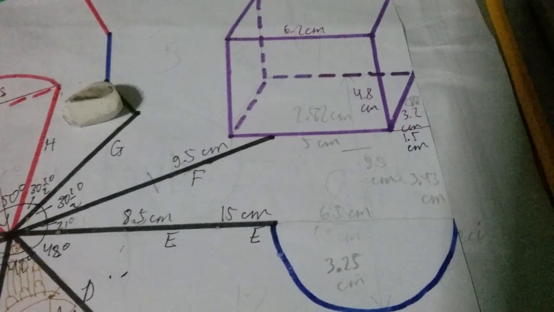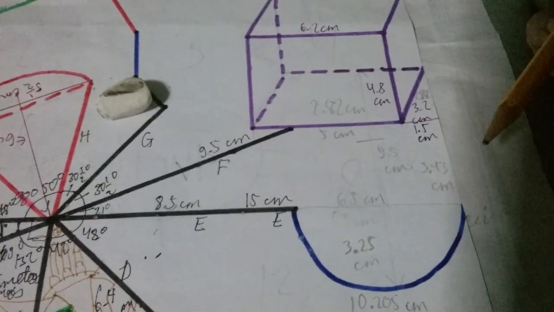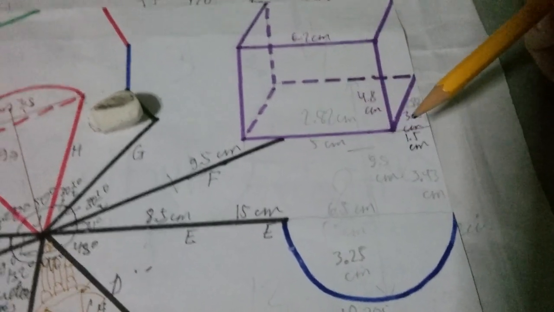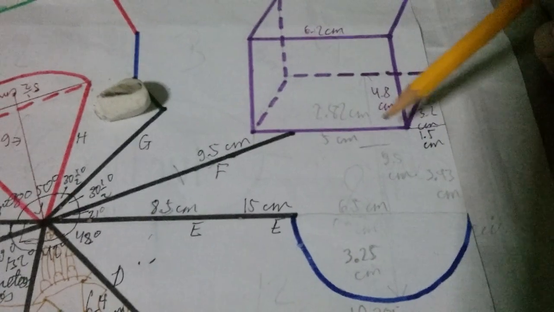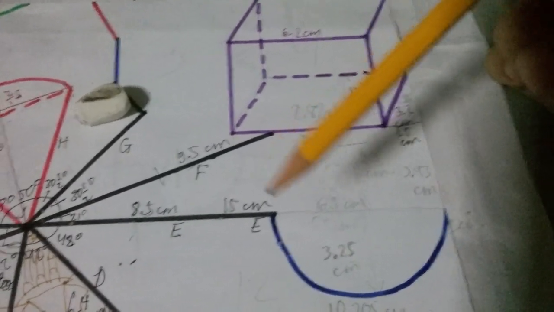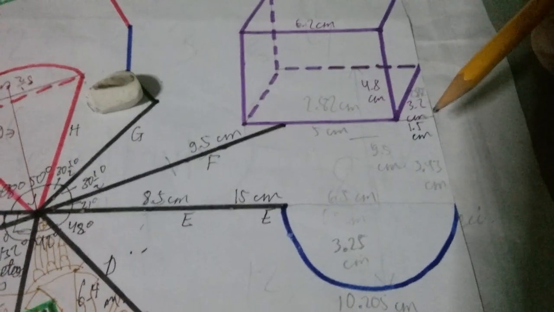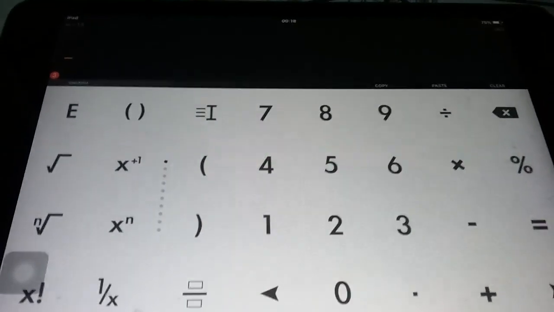Next, for the area of the trapezoid, let's do this. Remember ang formula? Long base plus the short base. The long base is 15. The short base is 6.5. Kasi po, remember 5 centimeters is this purple, plus don't forget your 1.5. And then times the height, which is 3.43, diba? Then divide by 2. Para mas madali, gagawin ko na sa calculator.